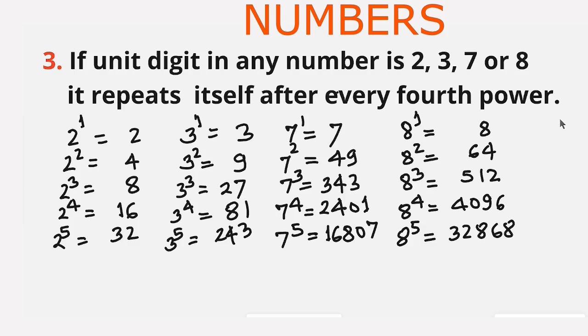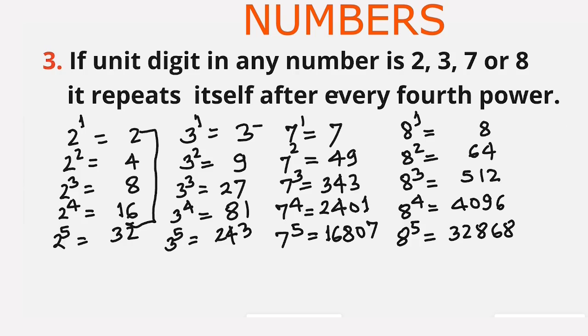So we observe that the unit digit in 8 to the power 1 is 8, and 8 to the power 5 is again 8. Thus, in 2 to the power 1 it is 2, and in 2 to the power 5 it is again 2. So it repeats after the fourth power.